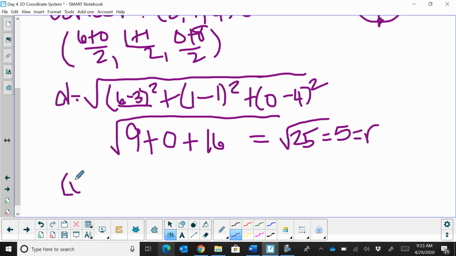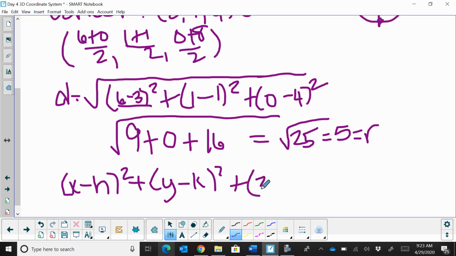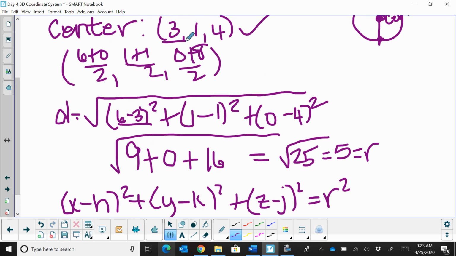Well, the equation of the sphere is (x - h) squared plus (y - k) squared plus the third dimension, which is (z - j) squared, is equal to r squared. So let's plug in our center. Let's go back up. We got the center of (3, 1, 4). That's my h, k, j.